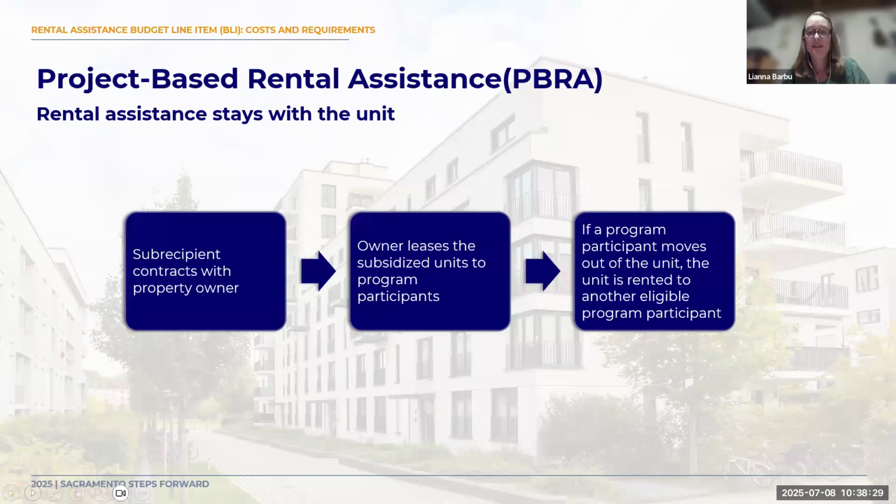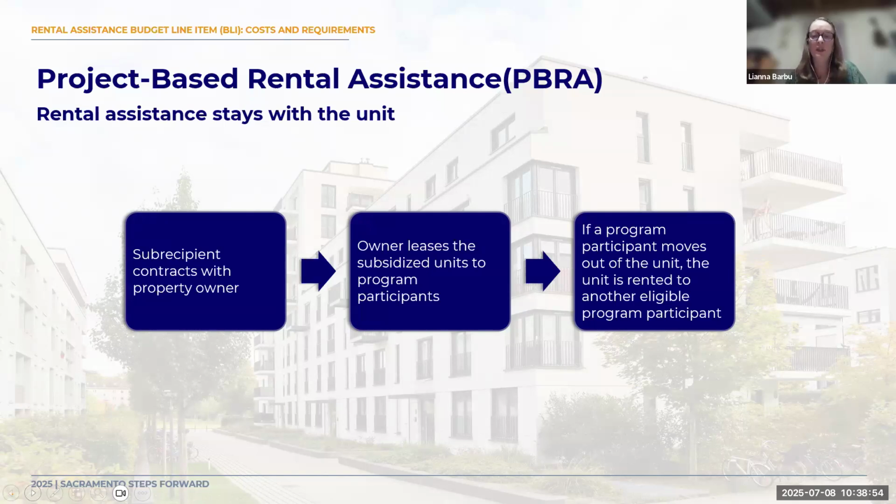In a project-based rental assistance model, the rental assistance stays with the unit, not the participant. The project-based rental assistance are usually your site-based bills that come with your housing authority's subsidies, Section 8 subsidies usually.